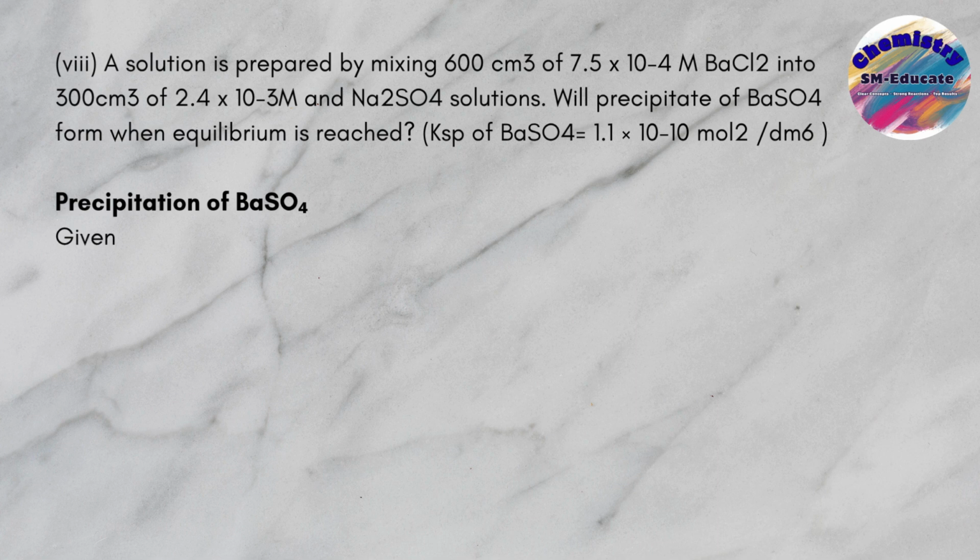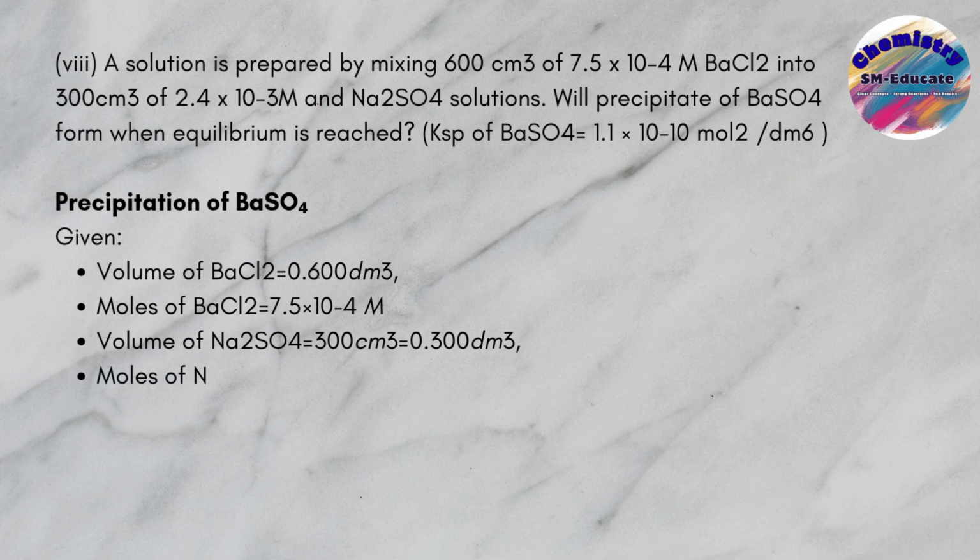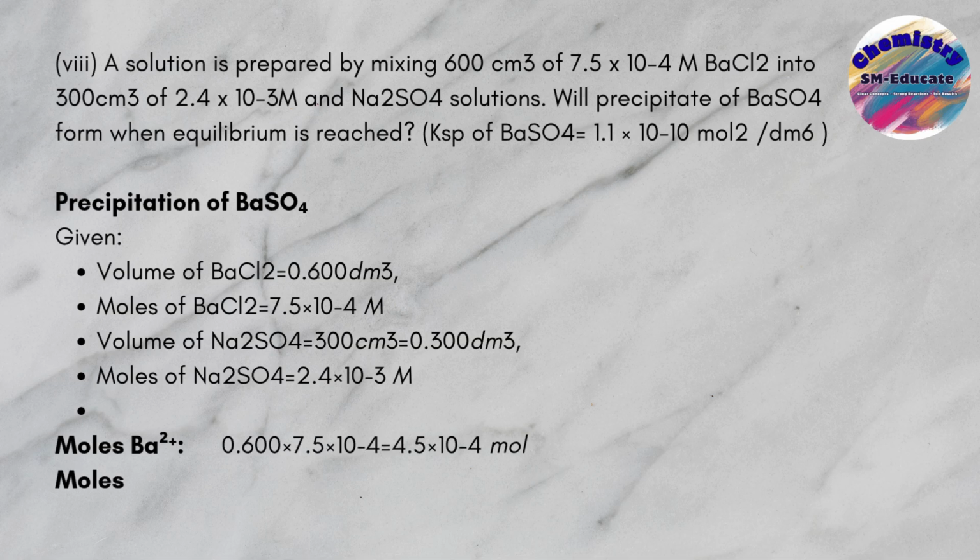Precipitation of BaSO4. Given: volume of BaCl2 equals 0.600 cubic decimeters, molarity of BaCl2 equals 7.5 times 10 to the minus 4. Volume of Na2SO4 equals 300 cubic centimeters, equals 0.300 cubic decimeters, molarity of Na2SO4 equals 2.4 times 10 to the minus 3.